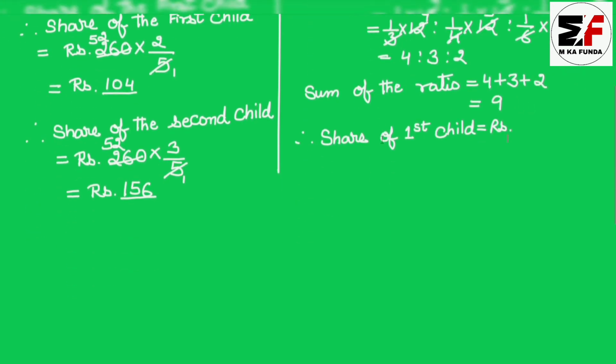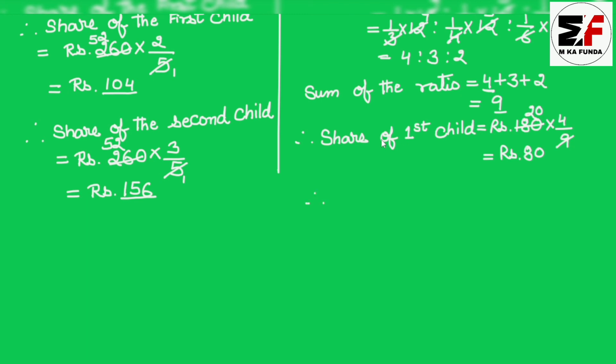So rupees 180 multiplied by the first ratio 4 upon the total, that is 9. So 9 2s are 18 and 0 here. So we get rupees 80. So first child will get rupees 80.